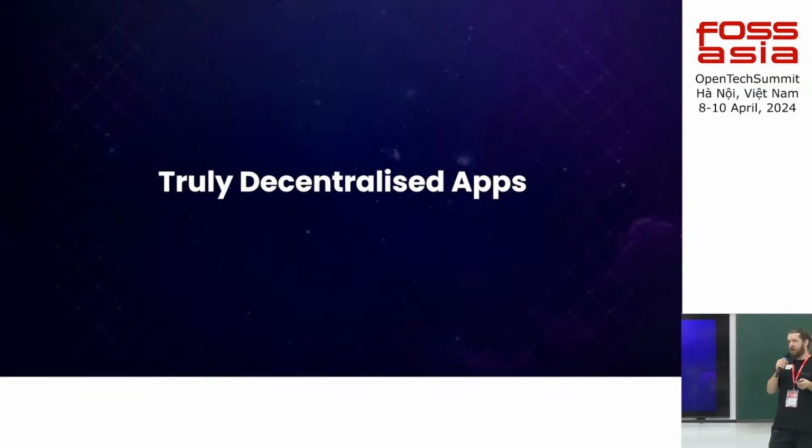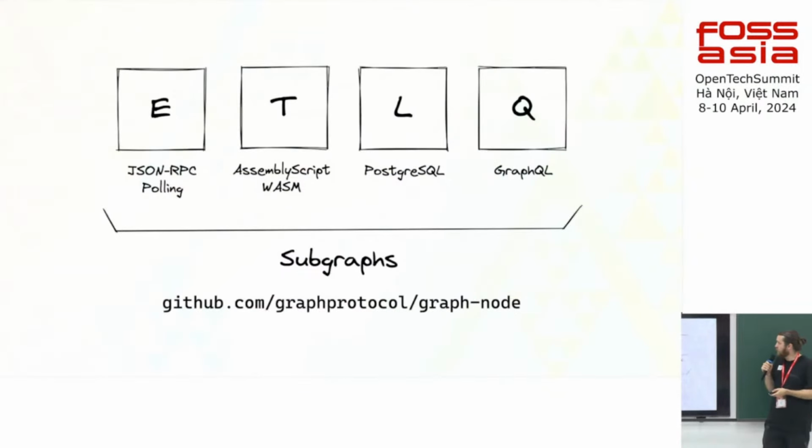And so in the end, I think the goal is to build truly decentralized apps. And in order to handle the data in a truly decentralized way, you need something like The Graph, which is a decentralized network. So here we have the same ETL queue that I talked about. In this case, with Ethereum, all of the events are available over JSON RPC.